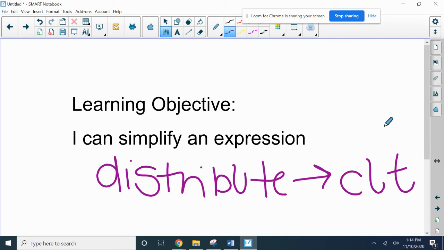I cannot combine different variables like m and n. I can only combine matching variables or constants with constants. Variables with variables, same variables, so r's with r's, v's with v's, etc., and regular numbers with no variables with regular numbers with no variables.